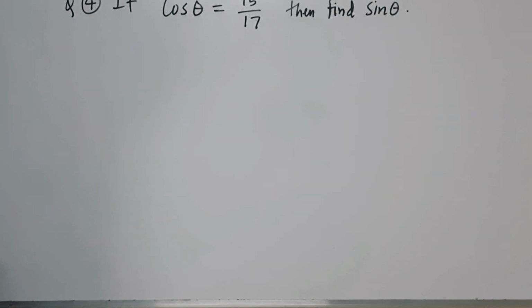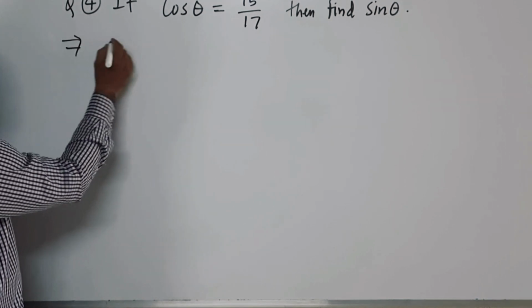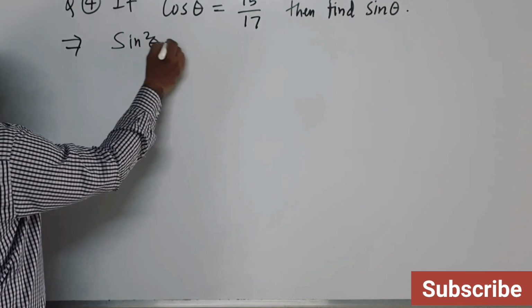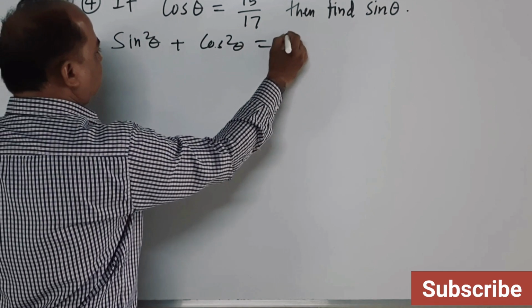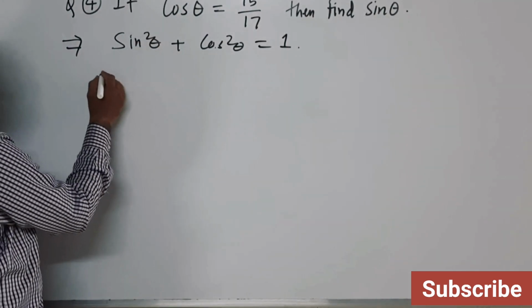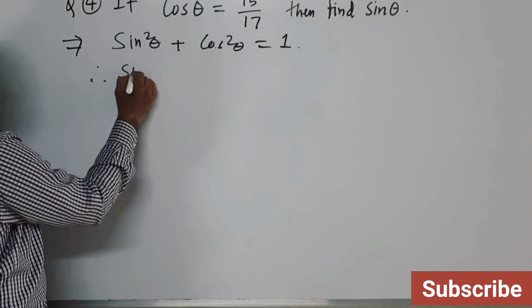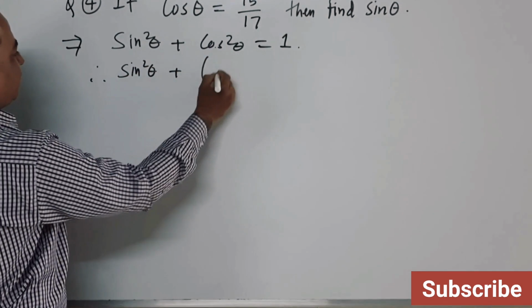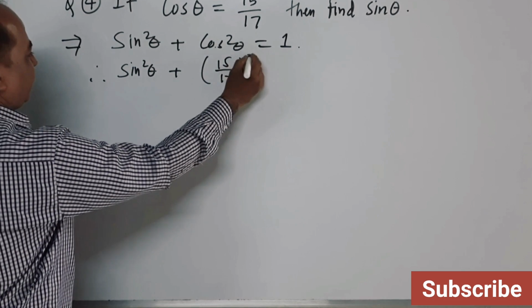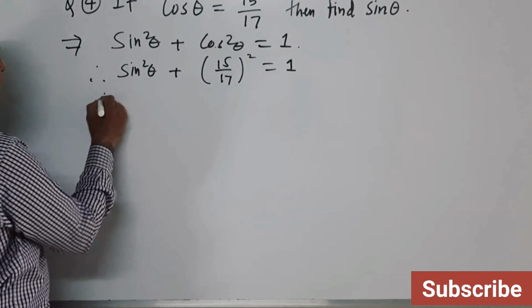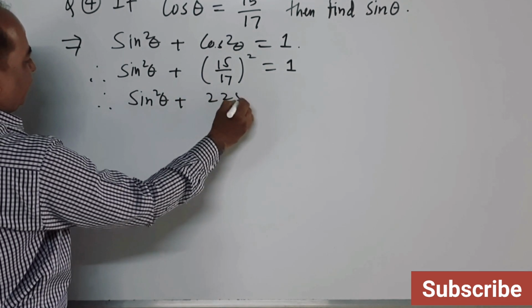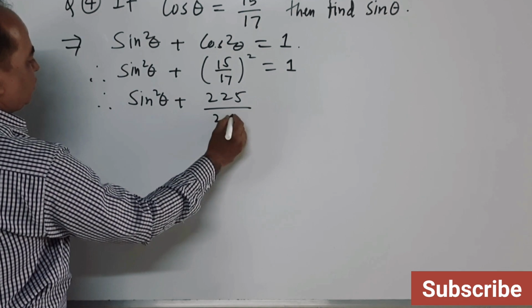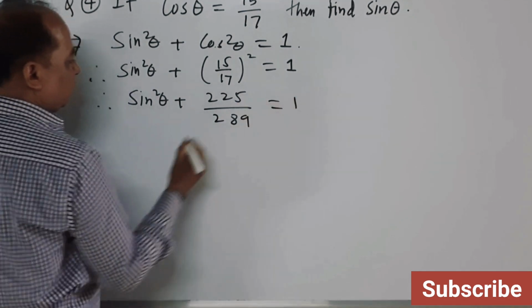Fourth example: if cos theta is 15 upon 17, then find sin theta. So using the identity, sin square theta plus cos square theta is equal to 1. Now cos theta is given, we have to find sin theta. So sin square theta plus cos theta is 15 upon 17 bracket square is equal to 1. Therefore sin square theta plus square of 15 is 225 divided by 17 square 289 is equal to 1.